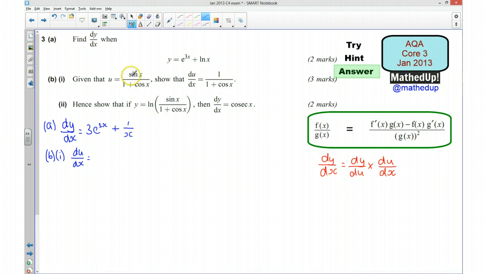So we've got the differential of the top, which is cos x, times by the bottom, which is 1 plus cos x, and we take away the top, which is sine x, times by the differential of the bottom, which is negative sine x.